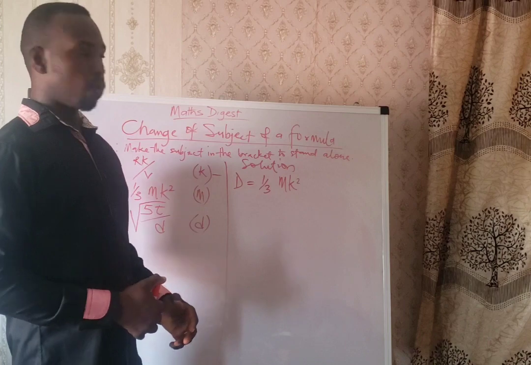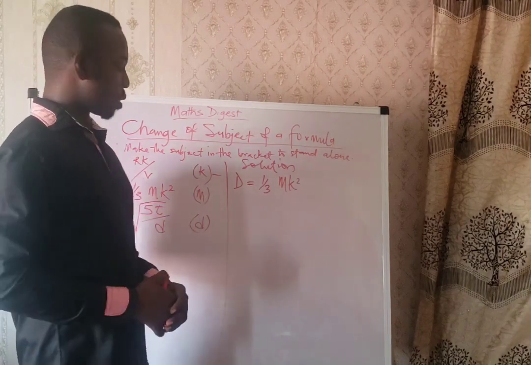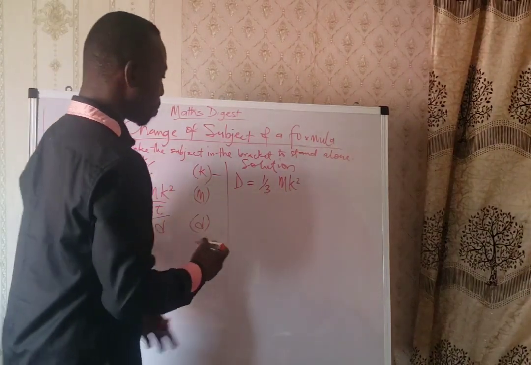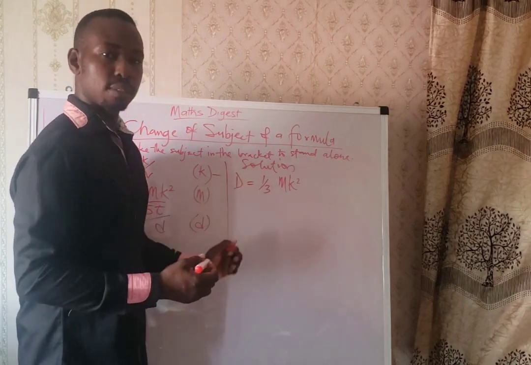Now, looking at this, we have division here. So when division, let's multiply. We're going to multiply both sides by 3.